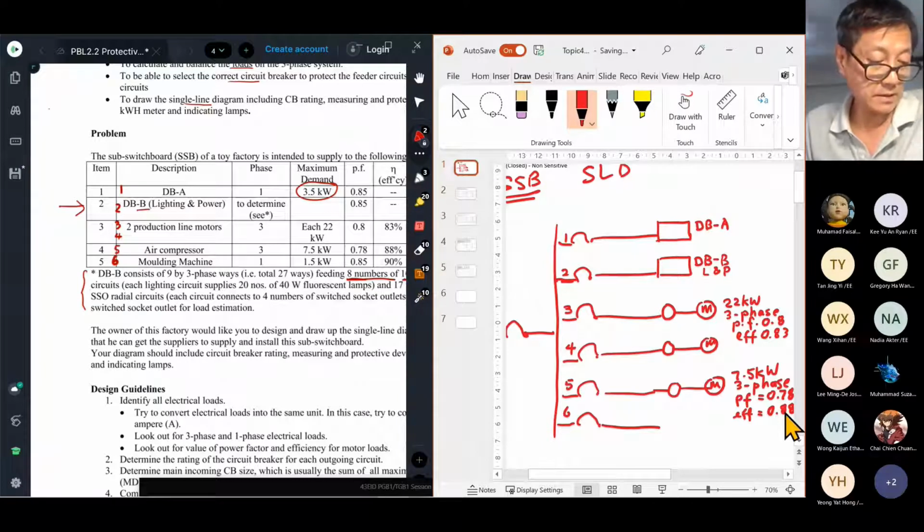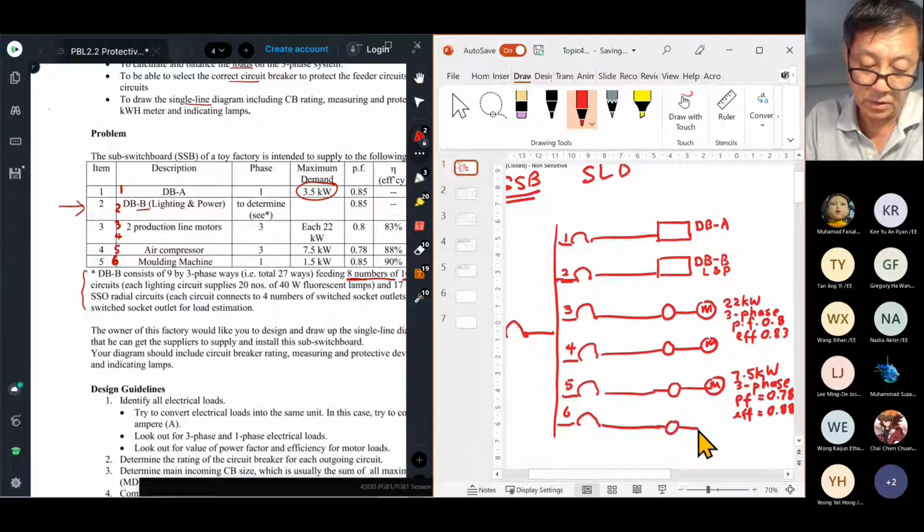All right, and then my last circuit is a molding machine. Usually a machine, I would deem it to be a motor as well. So this one is 1.5 kilowatt. But this time, this one is single phase. So these are all important information. So I need to be very clear. It's equal to 0.85, and the efficiency is 90%.